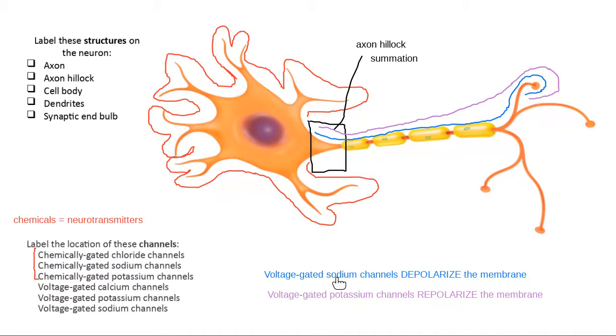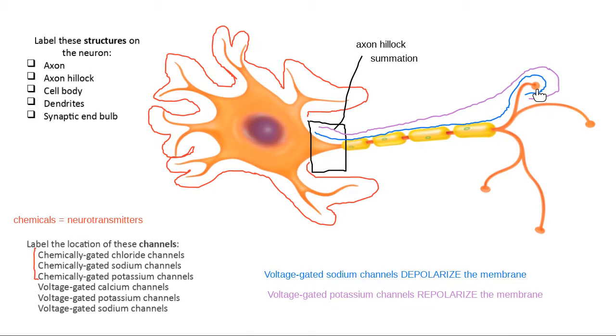Anywhere that you have voltage-gated sodium channels, you're definitely also going to have voltage-gated potassium channels, because if I go up, I've got to come back down. So starting in the axon hillock, all the way down to those axon terminals, we're going to have voltage-gated potassium channels as well.